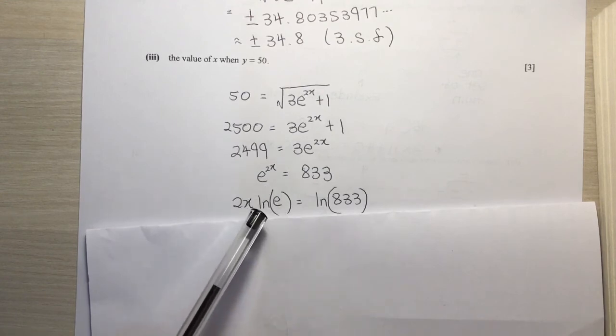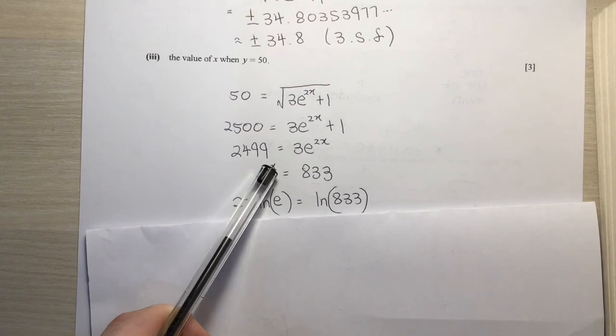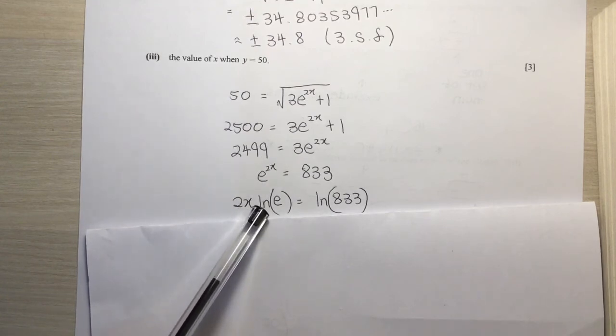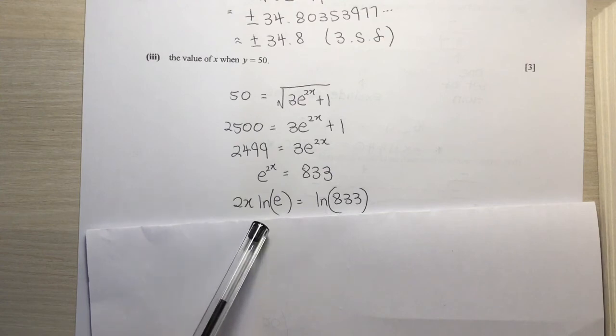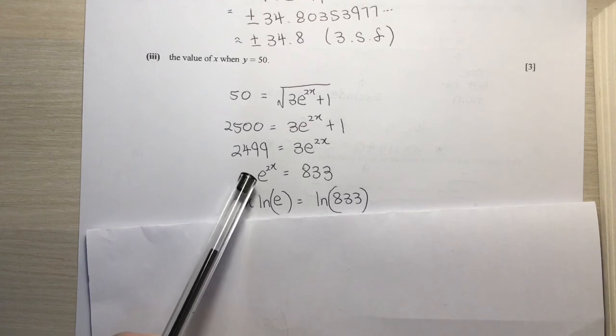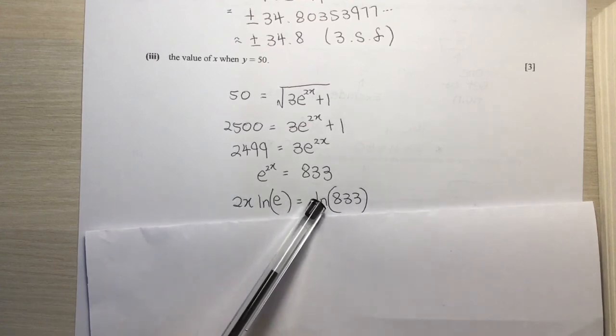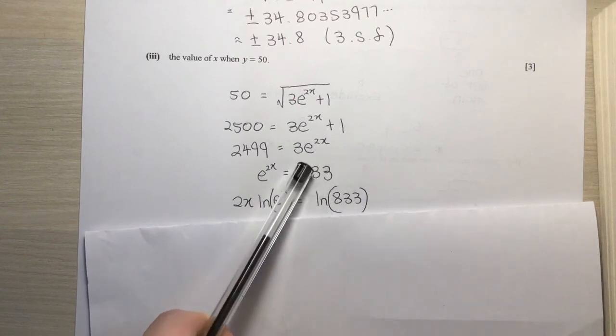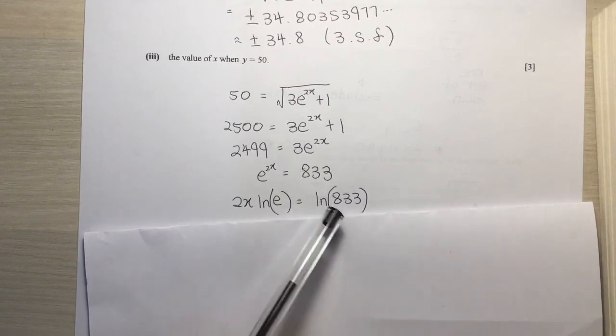When you use the ln here, you will be able to shift the power down to the front on the left hand side. And when you put the ln in front of this expression, you always have to put the ln in front of the other side of the equation as well. So make sure you put the ln here.